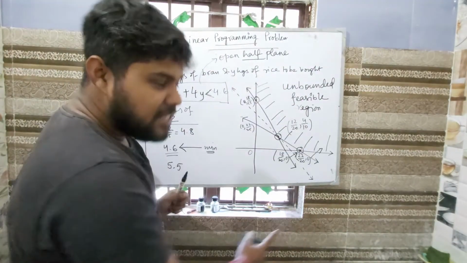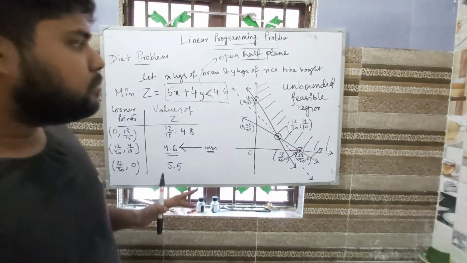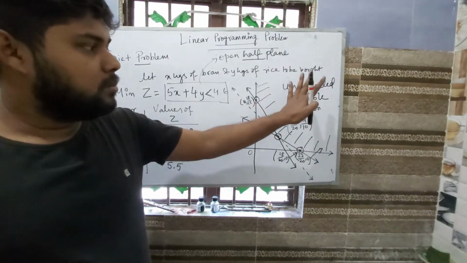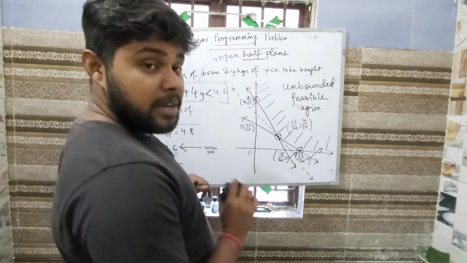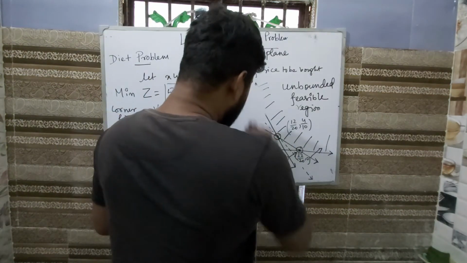If this graph is clear, let me erase the graph because the work of the graph is over. Now the writing part. In this problem, writing is very important.